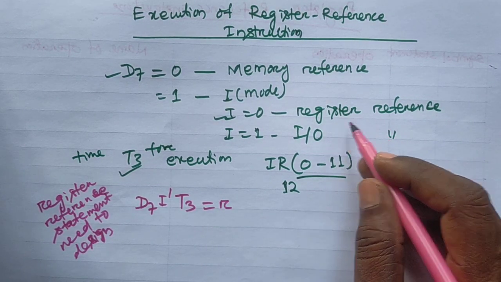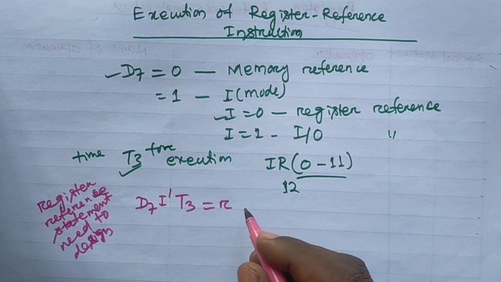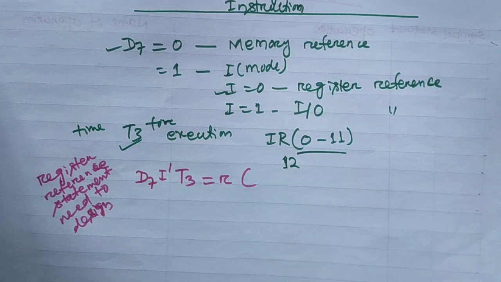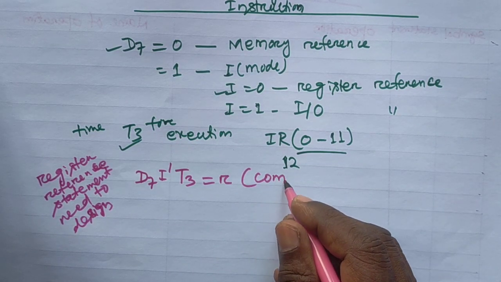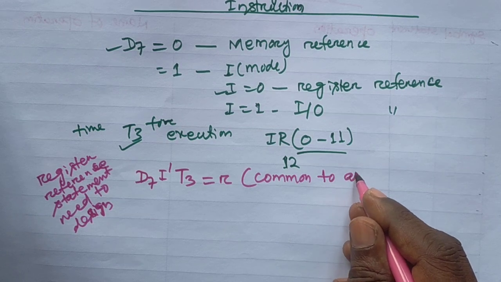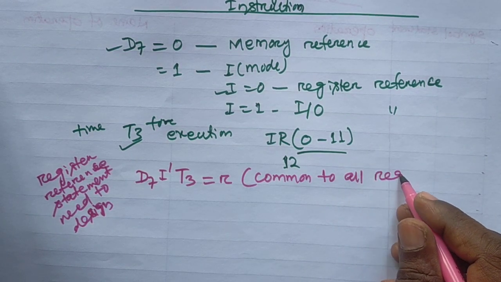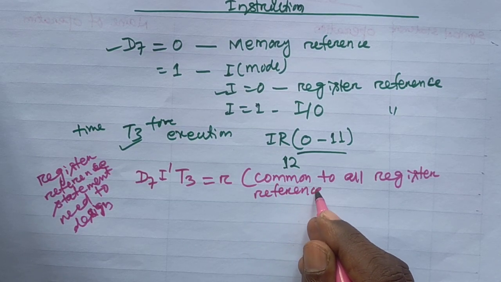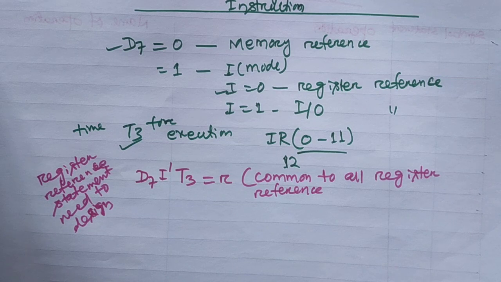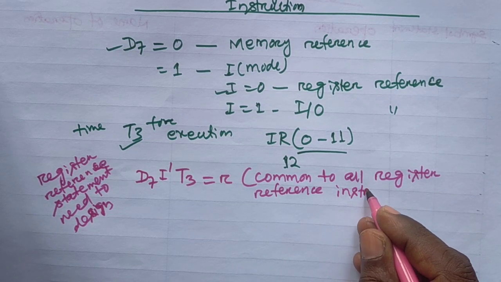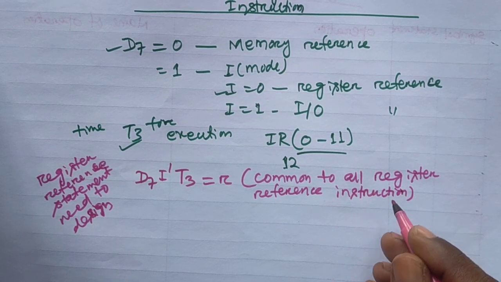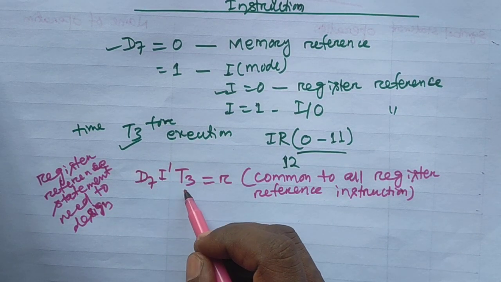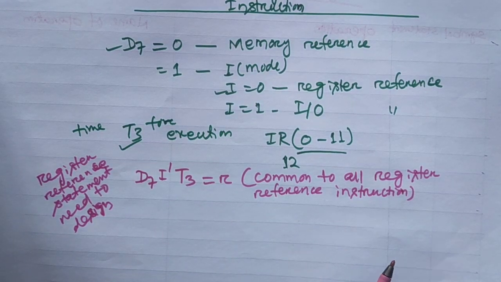That means we can write it like this, R, common to all register reference instructions. We define R based on D7, I complement and T3 as common for all. One statement we have to define.